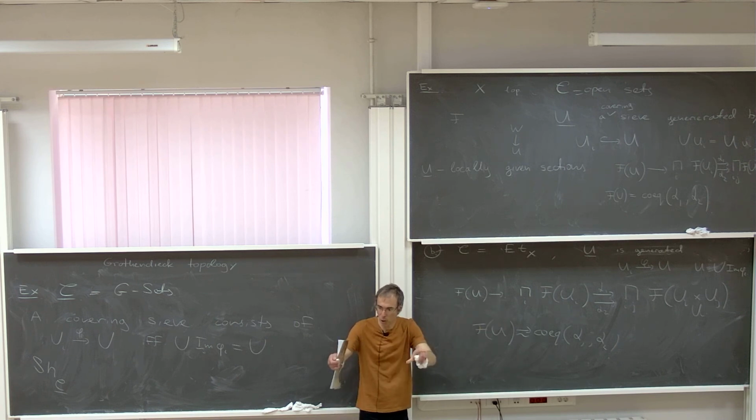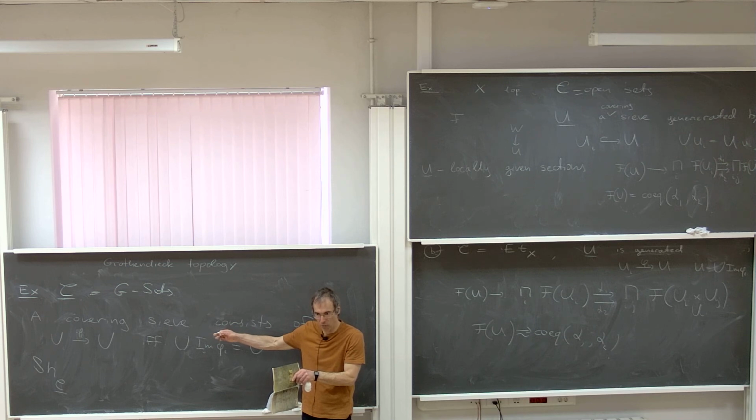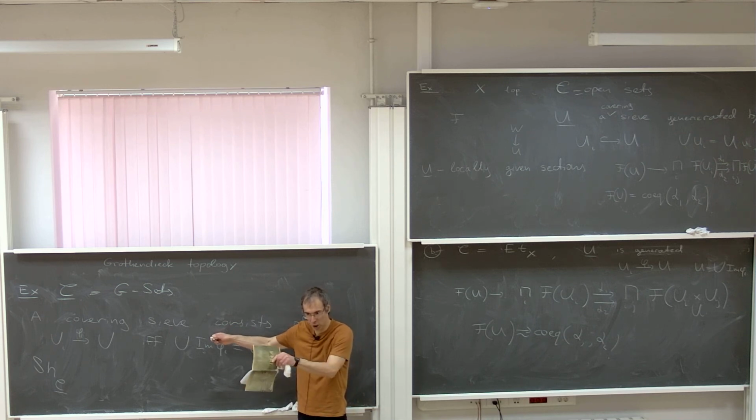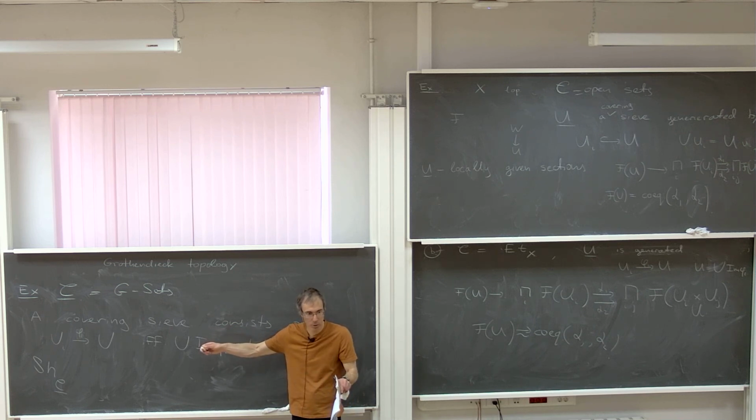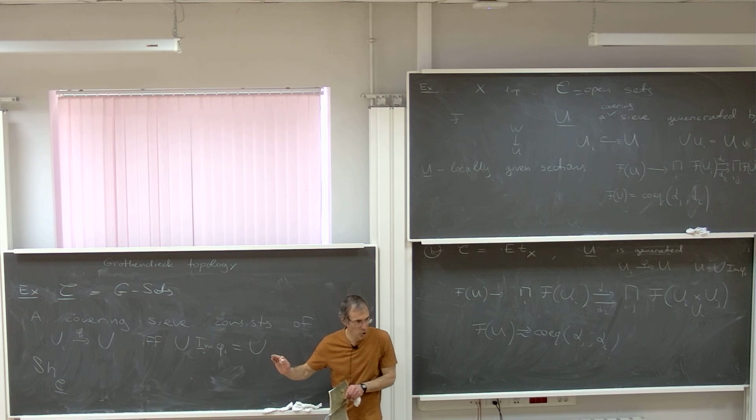If my G set consists of several orbits, then the value of my sheaf on this G set is the product of the values on the orbits. So therefore, any sheaf is determined by its values on orbits.